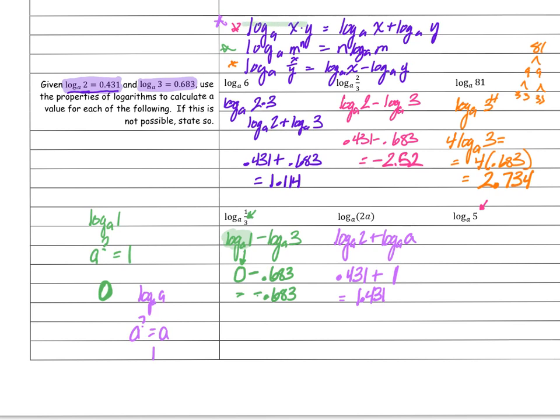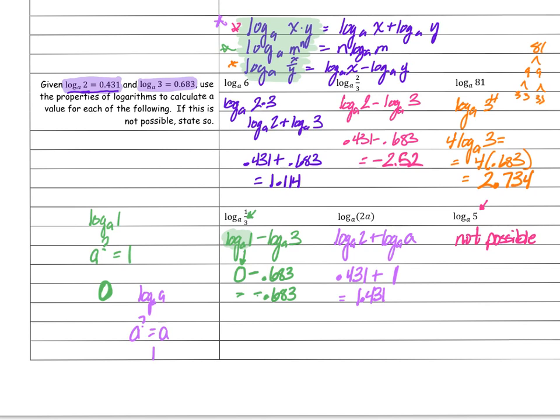Do any of these rules involve addition or subtraction? No, they all involve multiplication or division. So is there any way to use 2 and 3 when I'm multiplying or dividing to get 5? No. So this one is not possible.